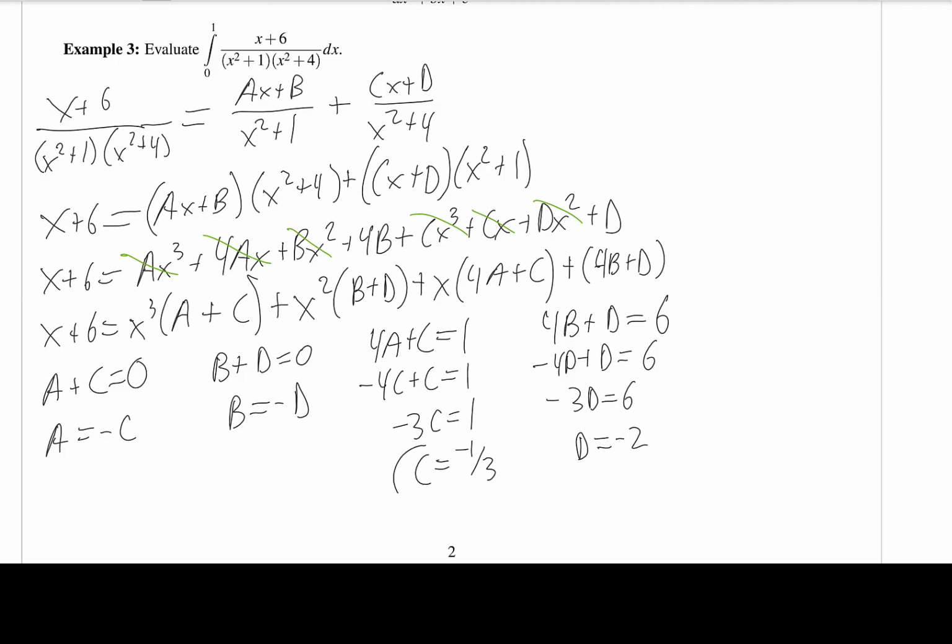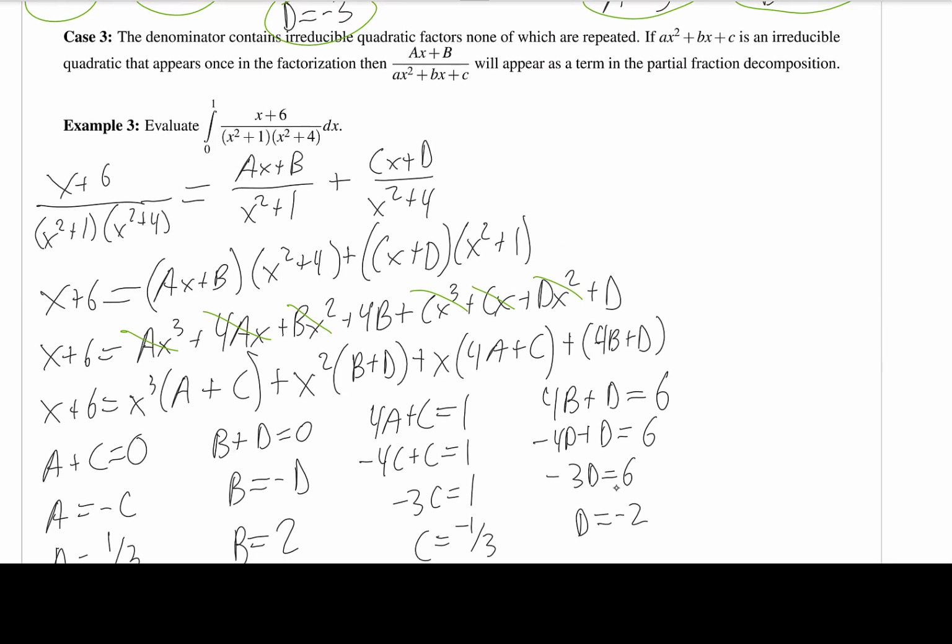Now I'm going to use these two to get our a and b values. Notice that a is equal to negative c, so a will be equal to 1/3. b is equal to negative d, so that means b will be equal to 2.